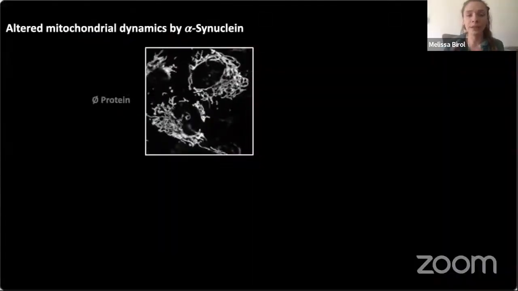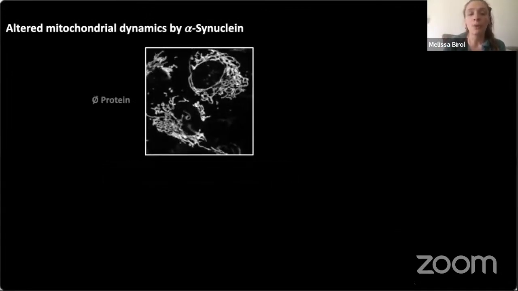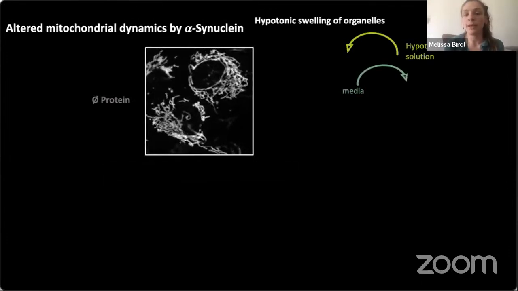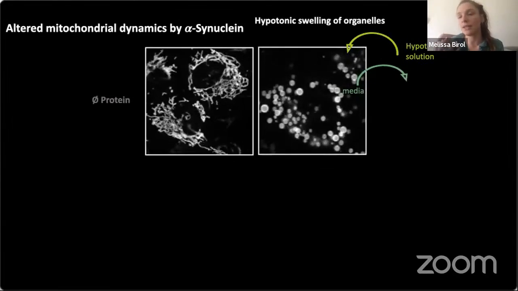And in order to look at this a little bit more in terms of the mitochondrial dynamics and understanding how synuclein can be implicated there, what we're doing is time-lapse imaging of the mitochondria, both in media as well as in hypotonic solution. What the hypotonic solution does is start vesiculating your organelles.